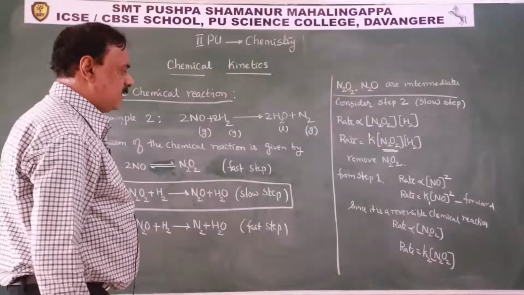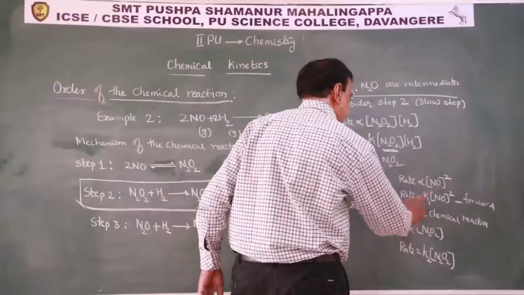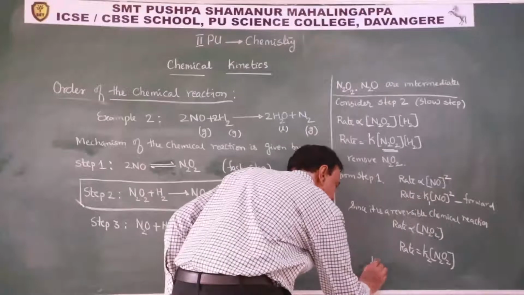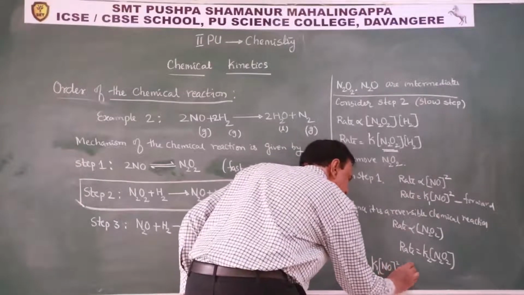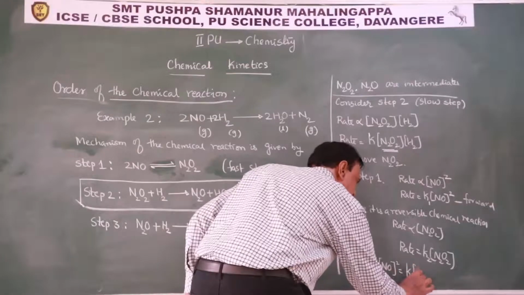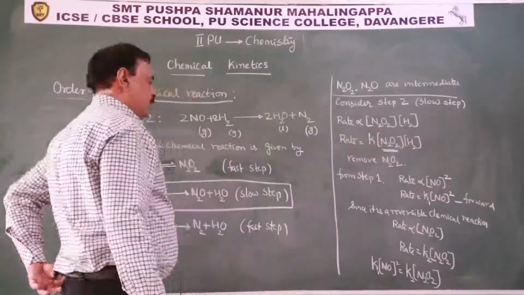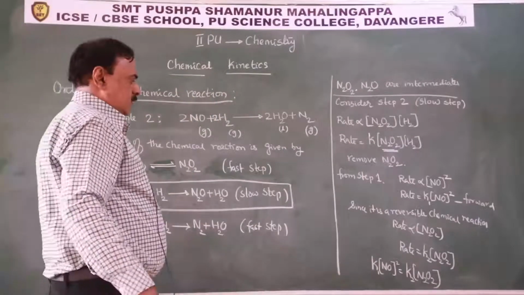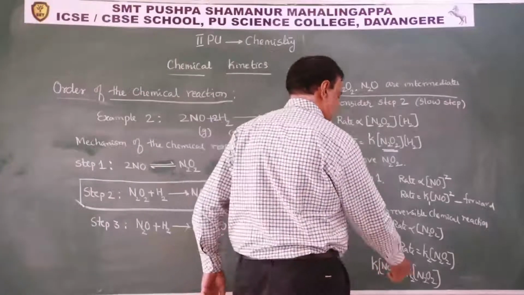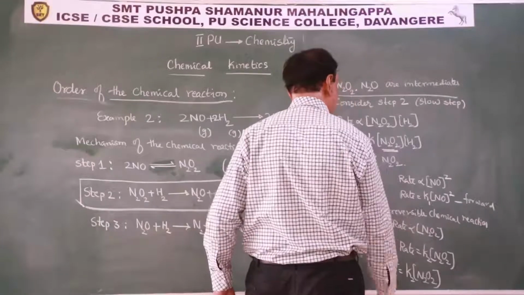Since it is an equilibrium chemical reaction, these two are equal. Therefore, K1 into NO whole square is equal to K2 into N2O2. Now N2O2 can be expressed in terms of K1 into NO whole square.